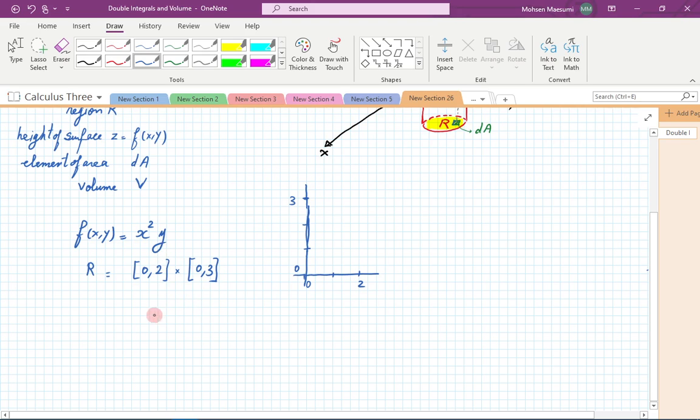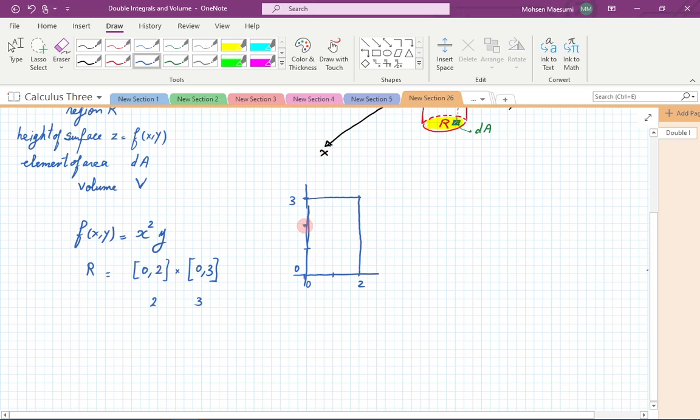So that's our function. And then we want to decide on our cells. Just to make the problem very simple at the beginning, we are going to have 2 cells in the x direction and 3 cells in the y direction, so that our numbers will be friendly.